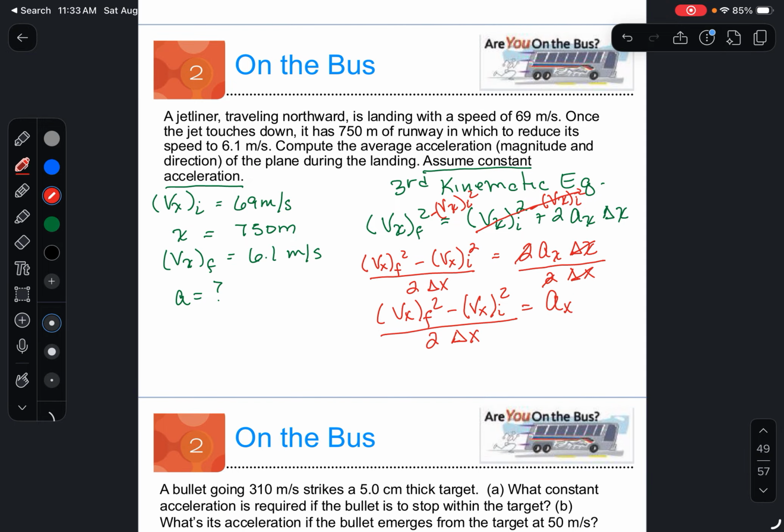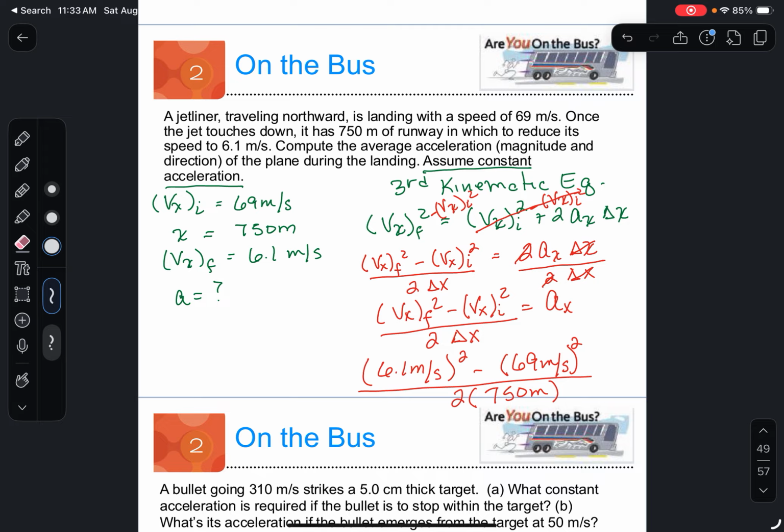So we're going to have our 6.1 meters per second, that will be squared, minus 69 meters per second, that will be squared, divided by 2 times 750 meters. And that is going to equal your acceleration in the x direction.